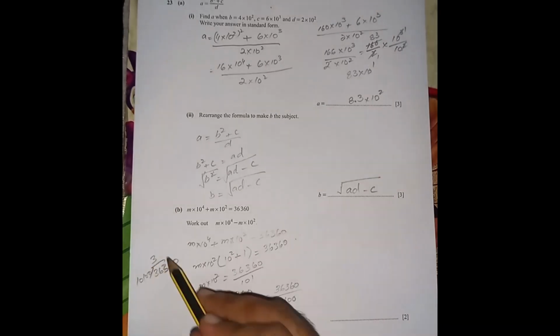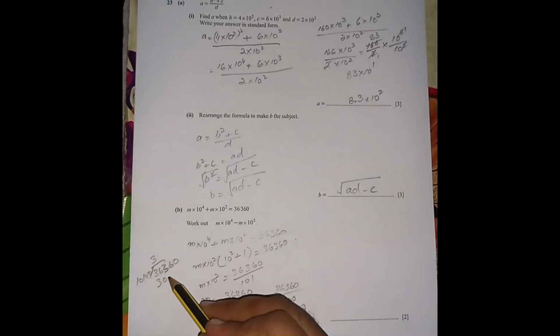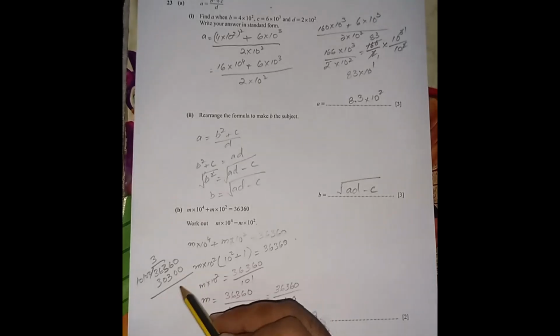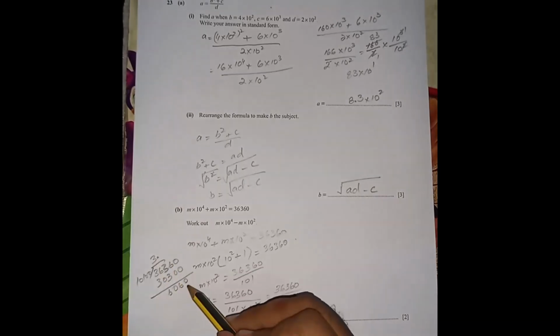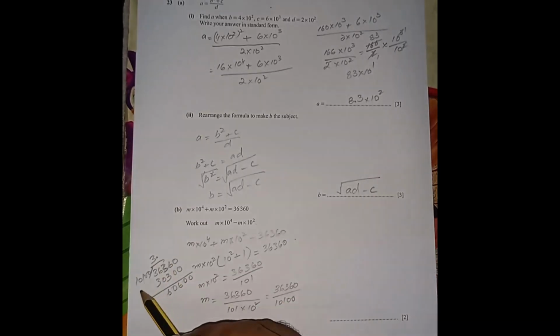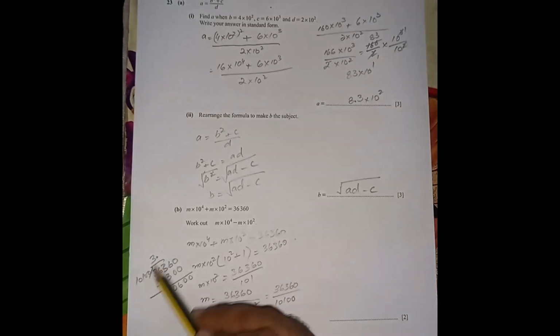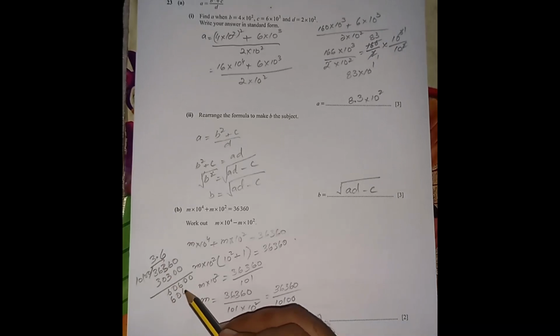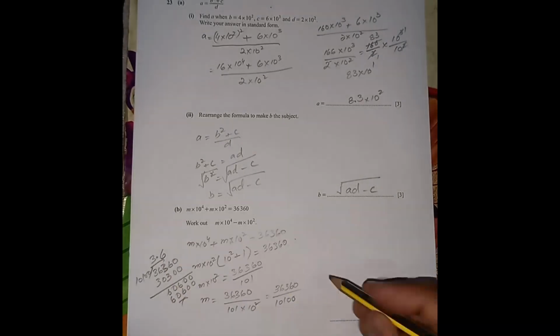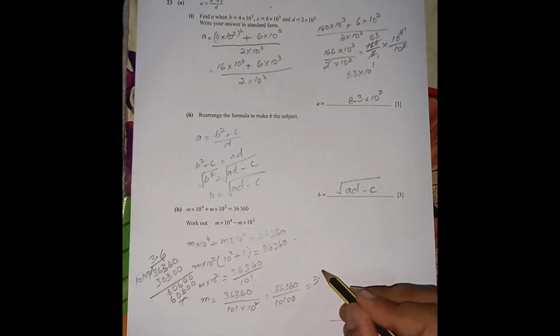It will be like 30300, and the answer will be like 0.36. So we put the point, it will be 0 one more, so if we multiply with 6, it will be 60600. So the answer is m value is 3.6.